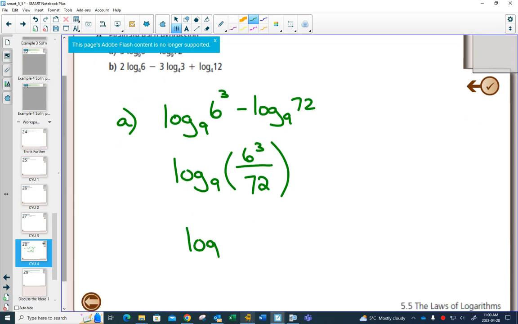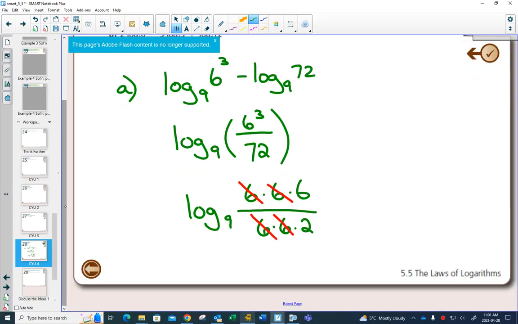So in this one, I could write 6 cubed as just 6 times 6 times 6, and I could write 72. Well, 72 is 36 times 2, and 36 is 6 times 6. So I could write 72 as 6 times 6 times 2. And this is really nice because of how the 6's simplify. And it is a lot easier to do 6 divided by 2 than it is to do 216 divided by 72.